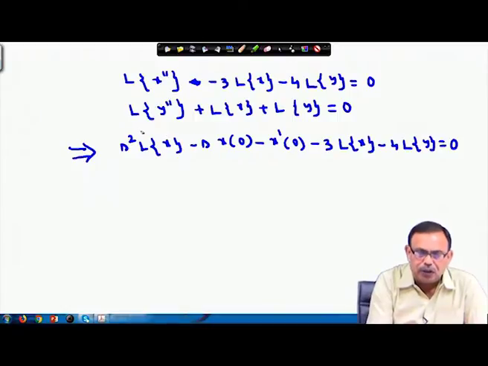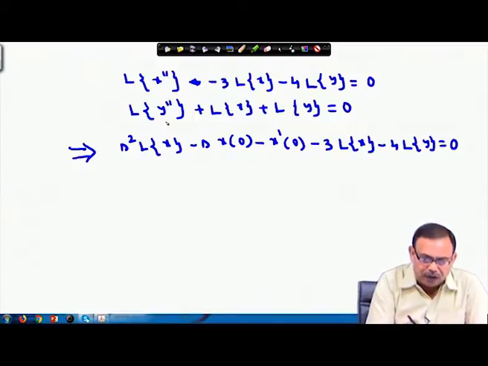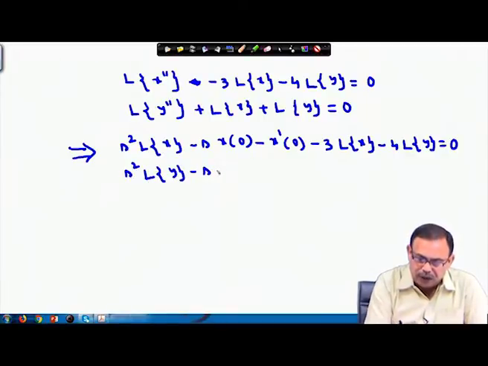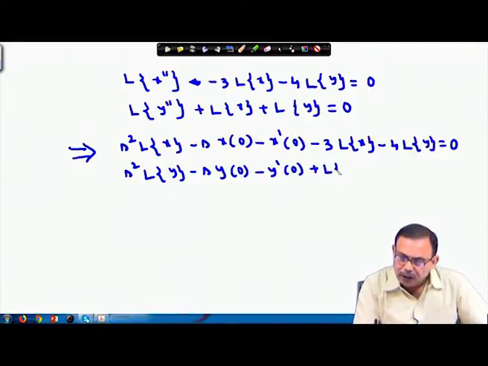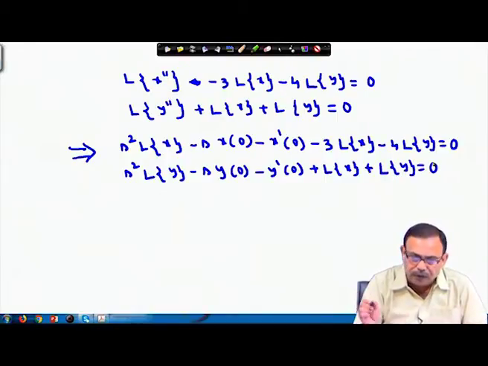For the second equation, similarly, Laplace transform of y double dash can be written as s square into Laplace transform of y minus s into y 0 minus y dash 0, plus I have Laplace transform of x plus Laplace transform of y, this is equal to 0 as given.